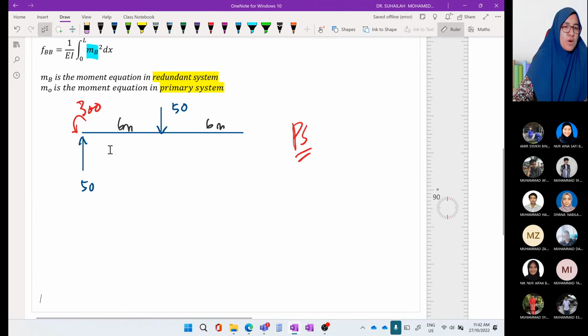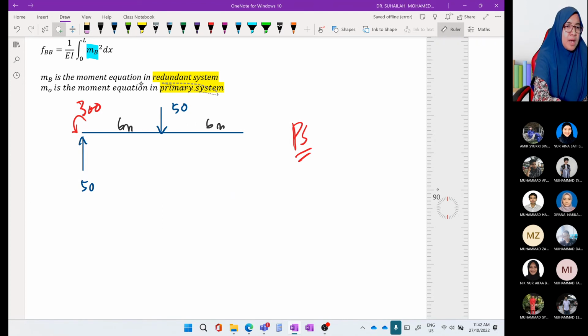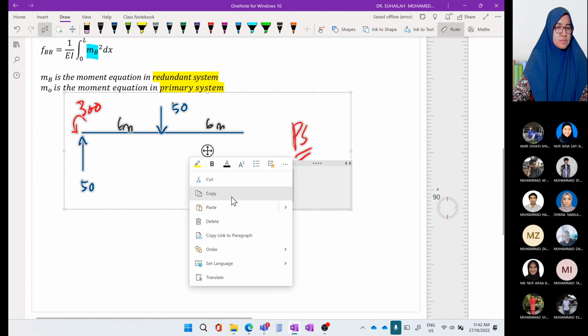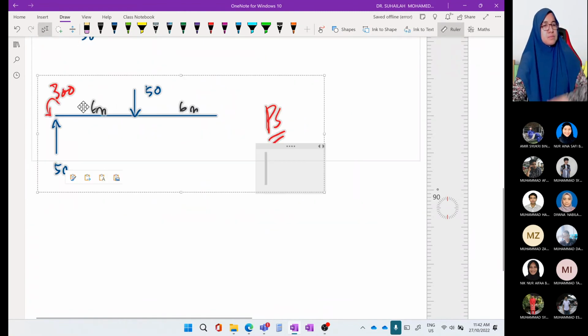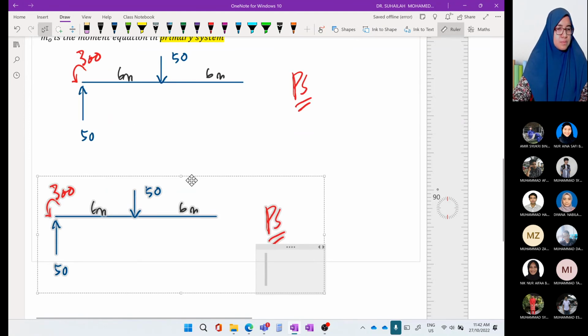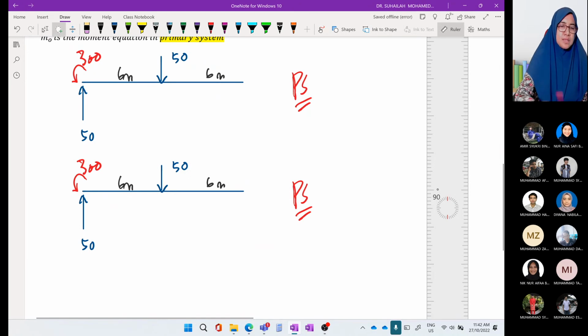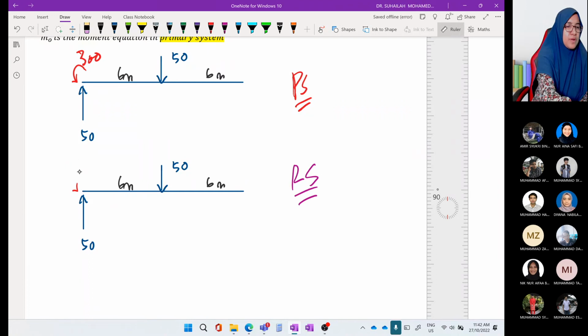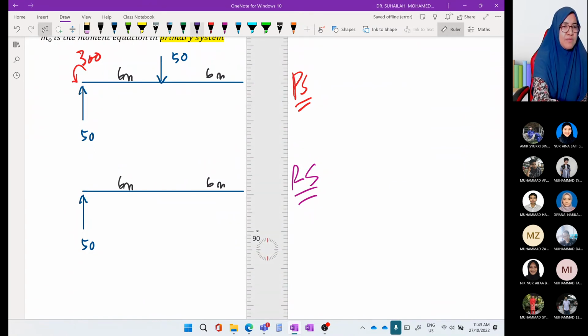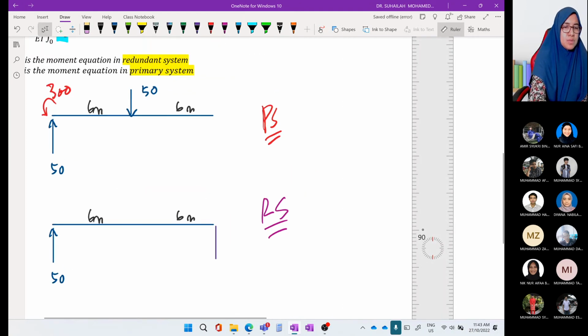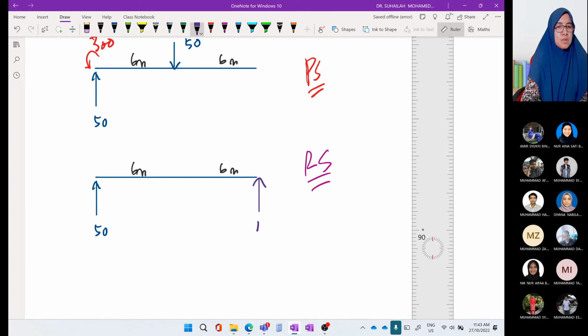Then for the redundant system, this one is the redundant system. For the redundant system, we have a cantilever beam subjected to a unit value of the redundant, so this will become -1.